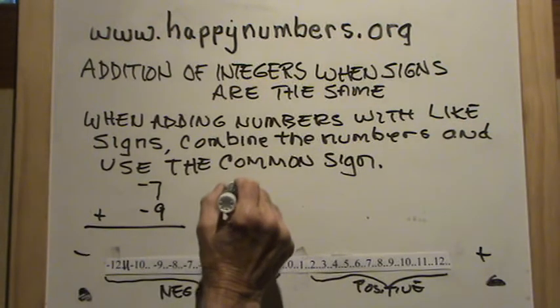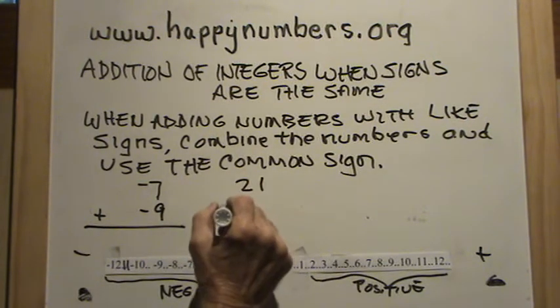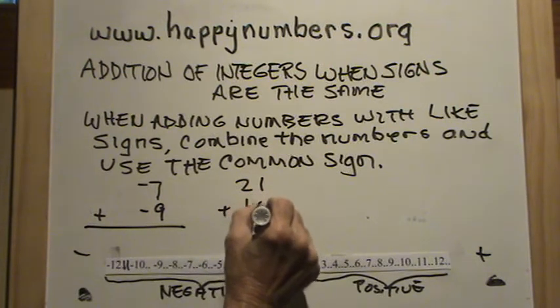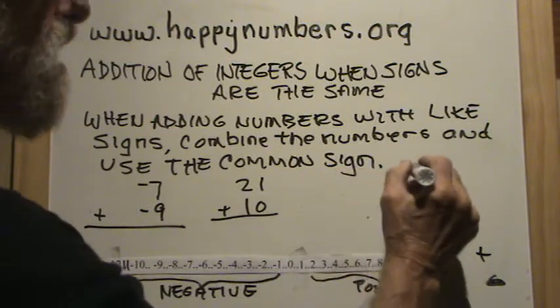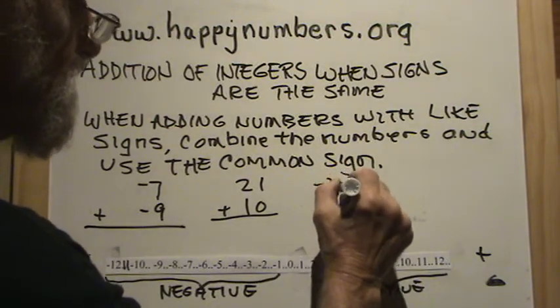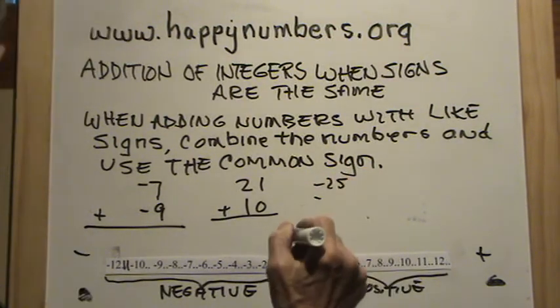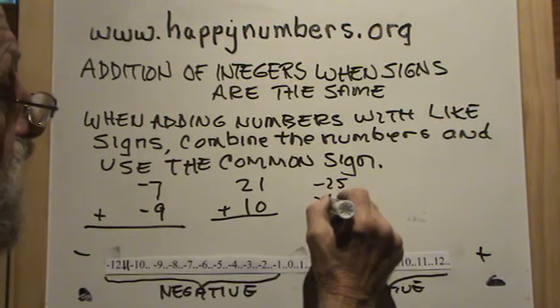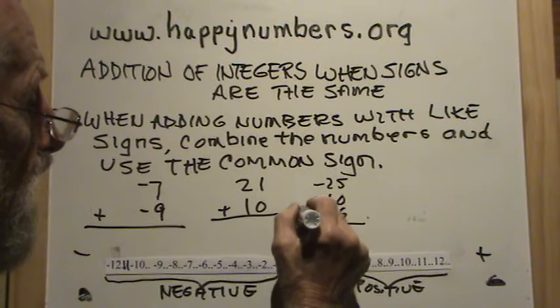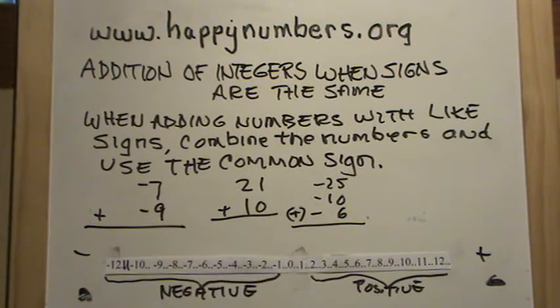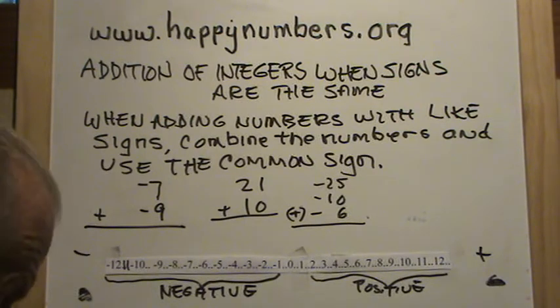We'll have 21 plus 10. We'll have -25, -10 and -6, and you'll be adding those. Okay, remember? All right, we'll put the DVD on pause, work those problems, and turn it back on again, and we'll work them together.